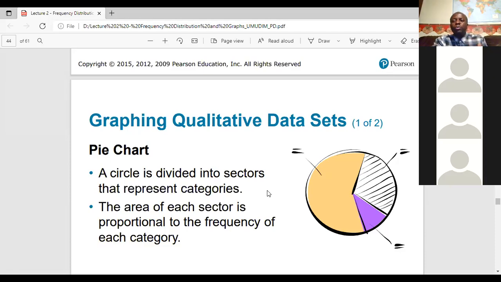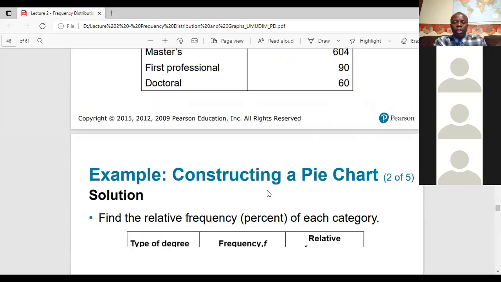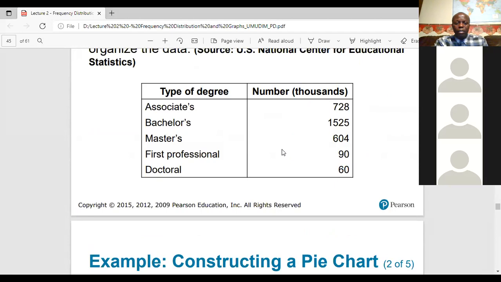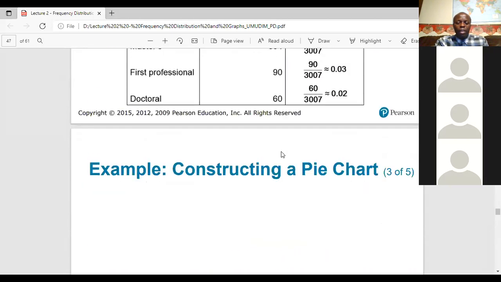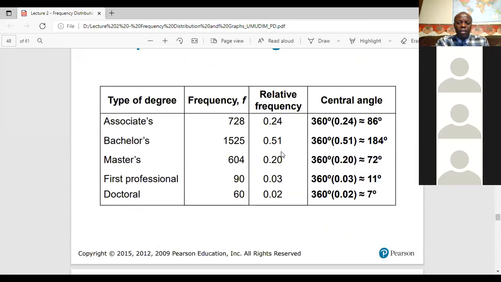To do that, we begin by presenting a table of values, which is what we have here. We use this data to present the table of values that will show you right here. And let me show you how these numbers are gotten. These first two are already given to us.